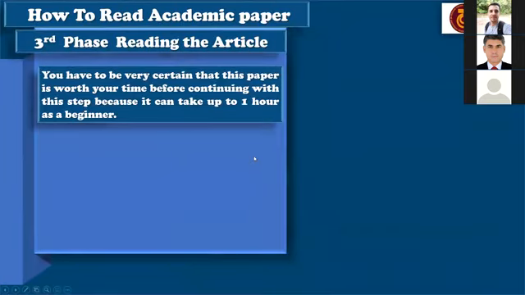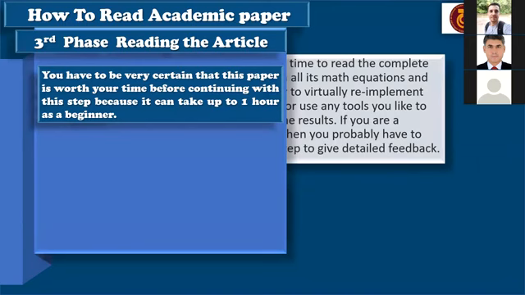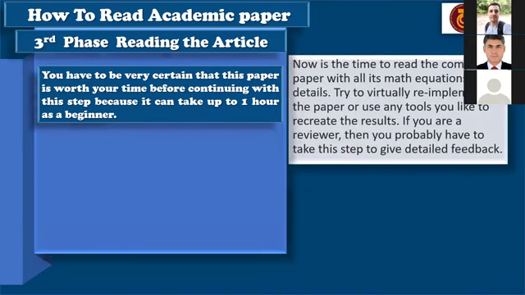For the third phase, you have to be very certain that this paper is worth your time before continuing with this step, because it can take up to one hour as a beginner. It means the third phase needs time. So if the first and second phases are good, come to the third phase.